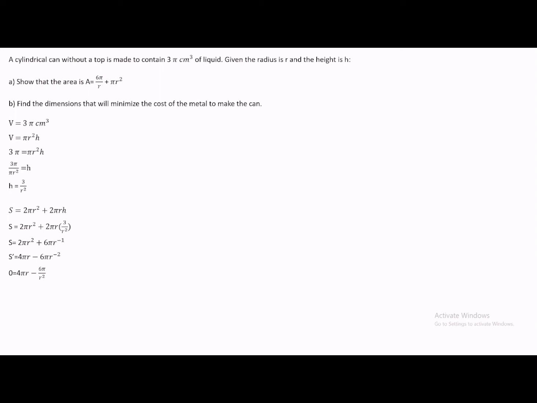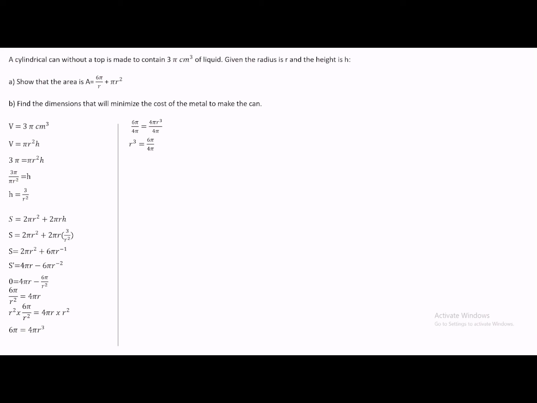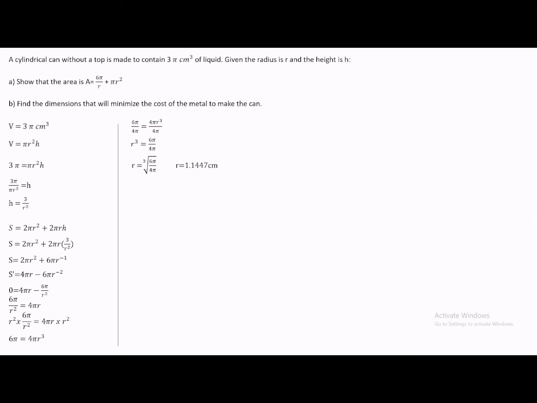Bring the 6 pi over r square to the other side and multiply both sides by r square. To find the radius, we simplify until we get r to the power of 3 equals 6 pi over 4 pi, and we will get 1.1447 centimeter for r, which is the radius.